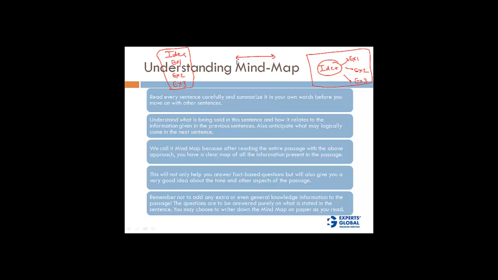There are not really any specifics on how to go about the mind map. The idea is, after reading the entire passage with the above approach, you should have a clear map of all the information present in the passage. Whether that map is a textual map, a pictorial map, a flow chart, or just a mental image doesn't really matter.